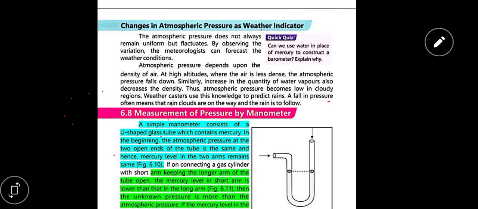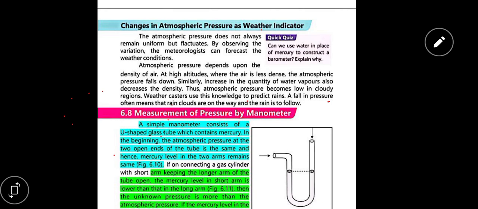Fluctuation means the density of air molecules will increase and decrease, because at a sea level the density of the molecule is very high. Density indicate that how much number of molecules present in something. Okay, if you talk about decrease in density, it means less number of molecules are present.